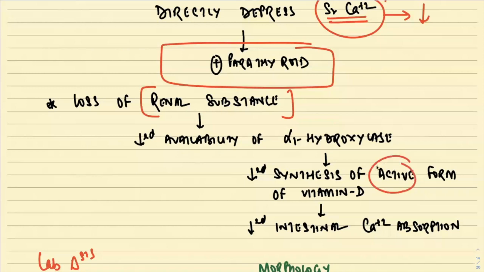Because the entire kidney is failing for some reason, kidney mass is becoming less. So the synthesis of alpha-1 hydroxylase is also coming down, so there is decreased synthesis of the active form of vitamin D. And if vitamin D is less, intestinal absorption of calcium will be less, and that is going to stimulate the parathyroid again.